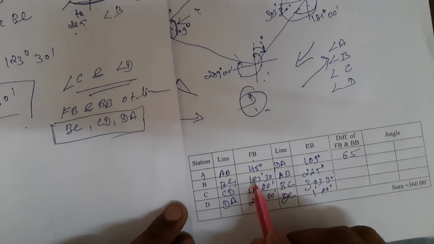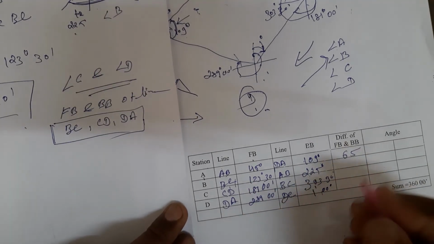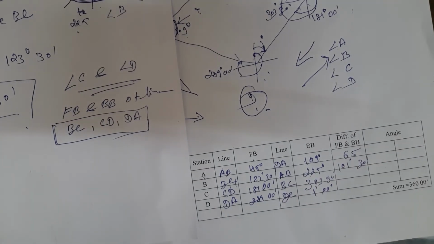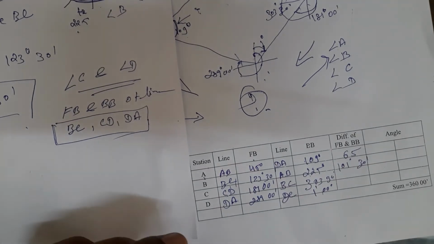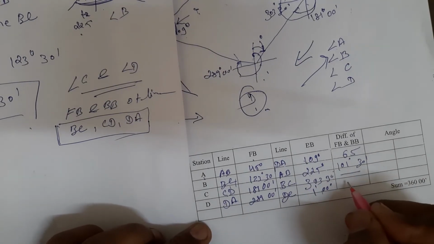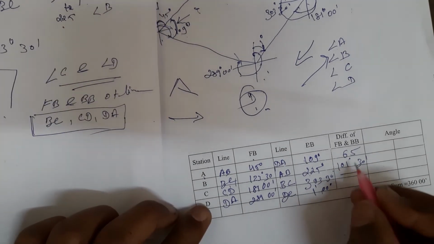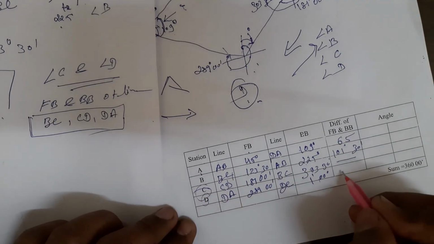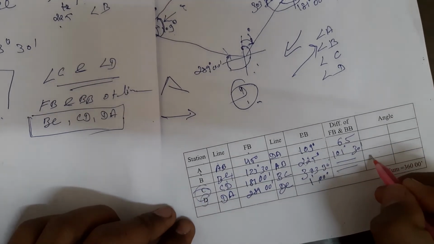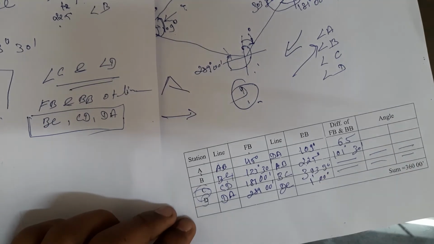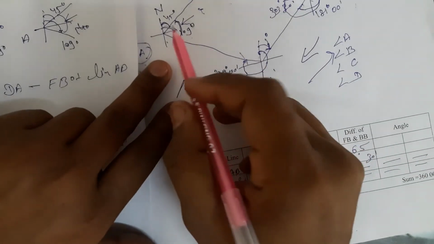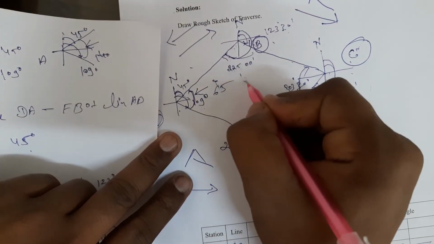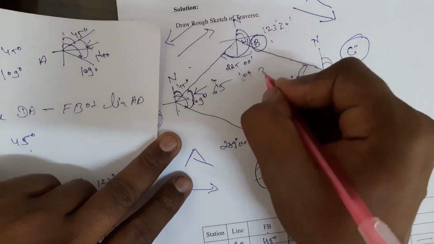Then 123 and 225, it is 101 degree 30 minutes. Understood? So that's how we calculate the difference between FB and BB of station C and station D. Now this is 65 and this is 101 degree 30 minutes.